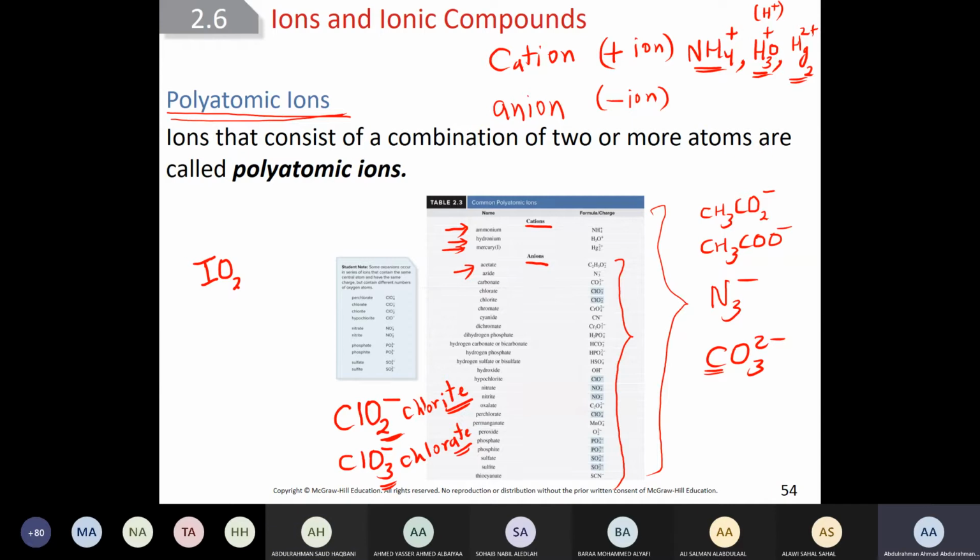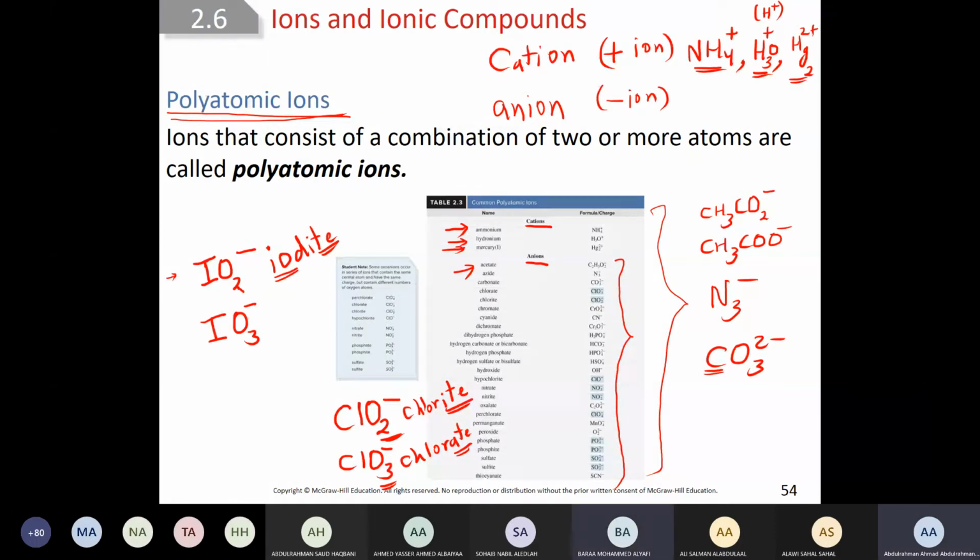So IO2 minus and IO3 minus. What's the name of the first ion here? Iodite. Okay, it's not available, by the way. If you look at the table, it's not available, but you have to know it.